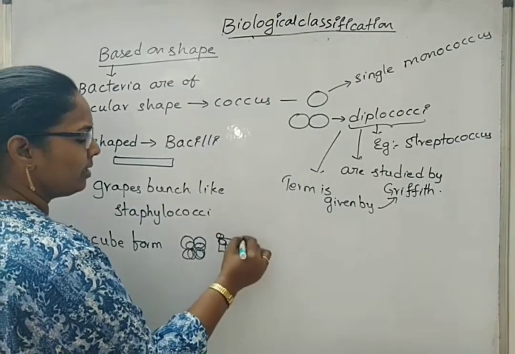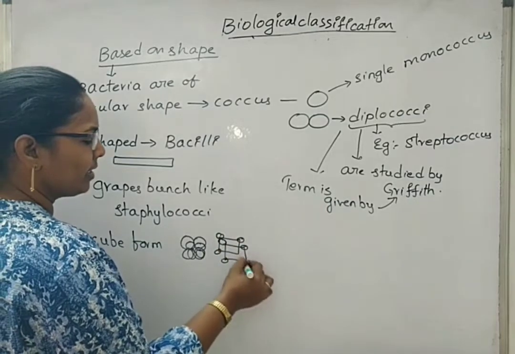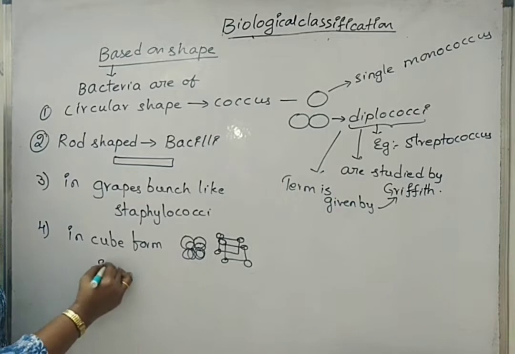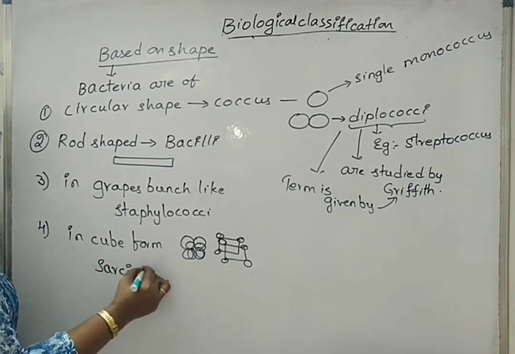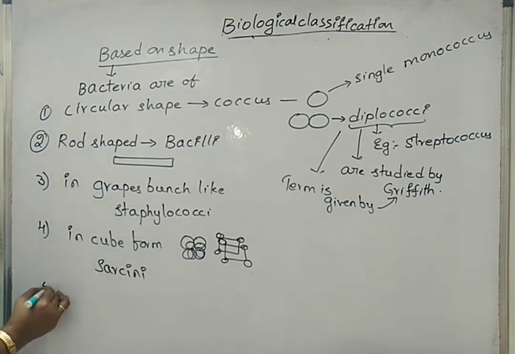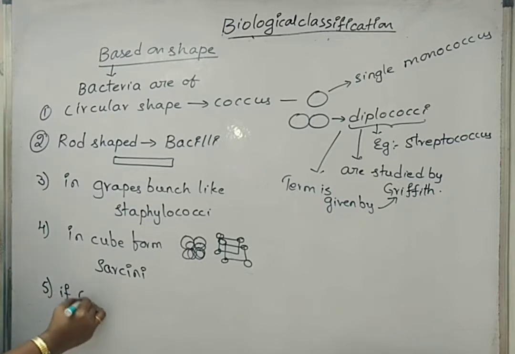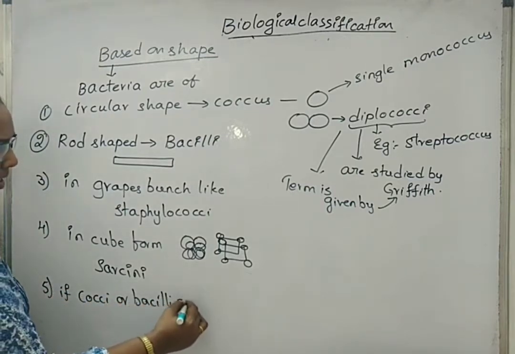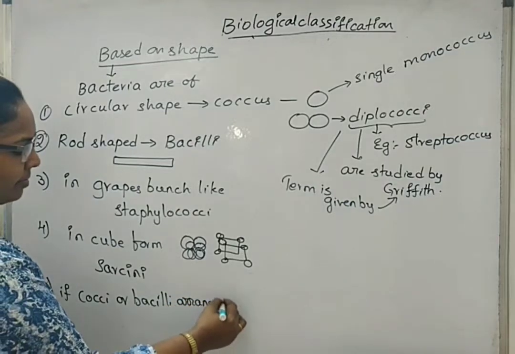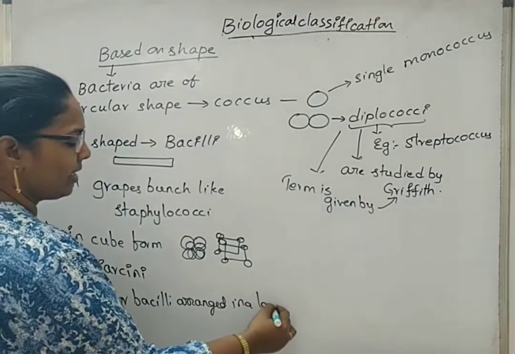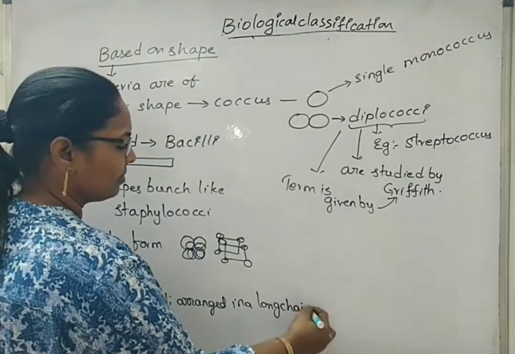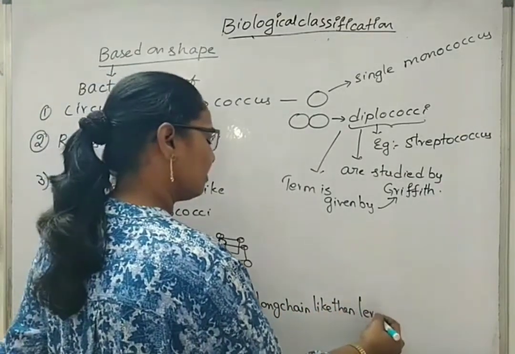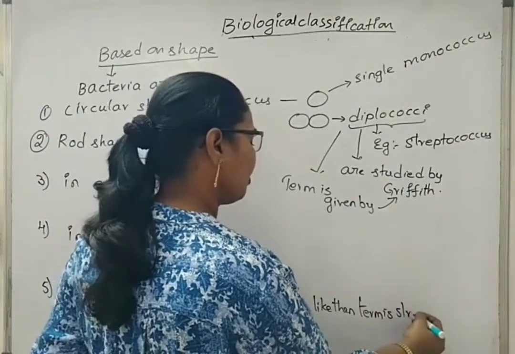We can imagine at each corner one bacterium, those bacteria living in a colony form. Sarcinae. Next, fifth one, if cocci or bacilli are arranged in a long chain, then the term is streptococci.